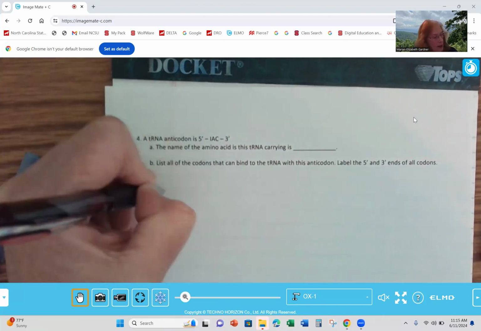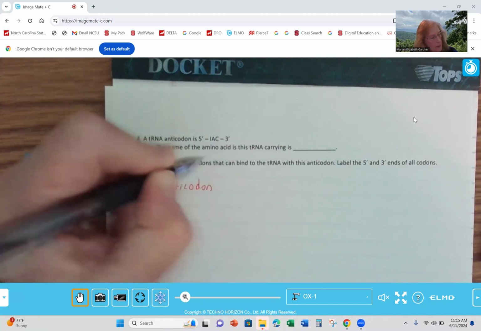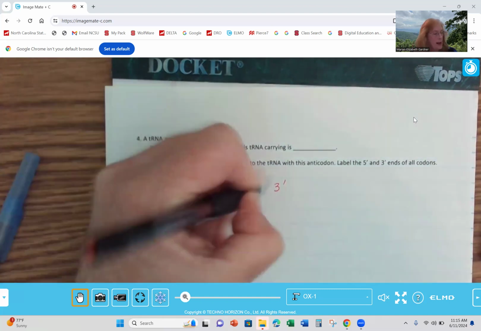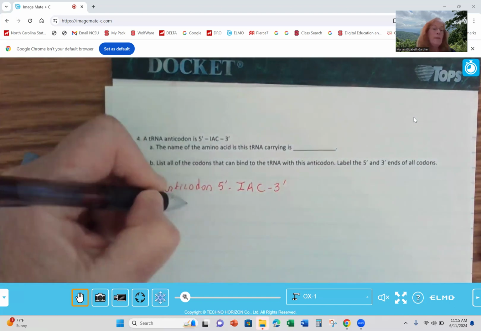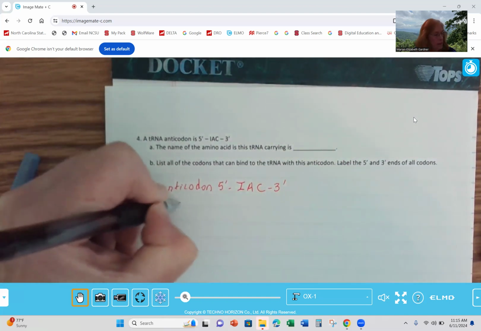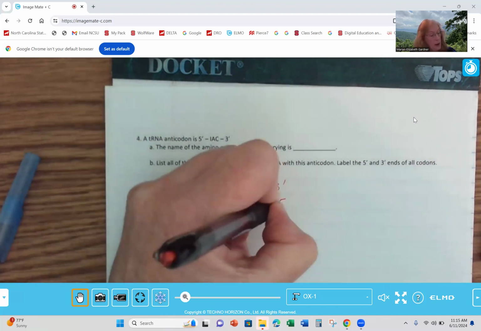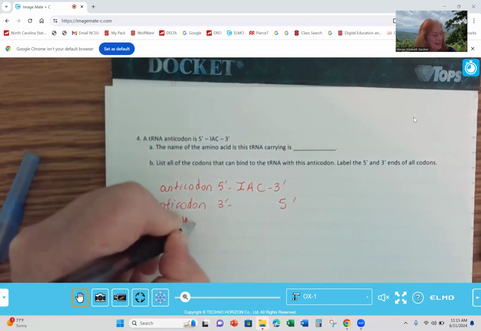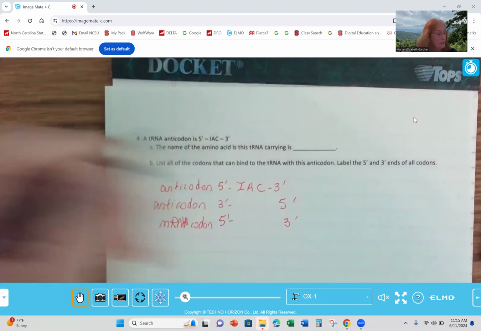So if I think about the anticodon, IAC. I'm going to write the anticodon from 3' to 5' so that when I write my mRNA codon, it will be 5' to 3'.